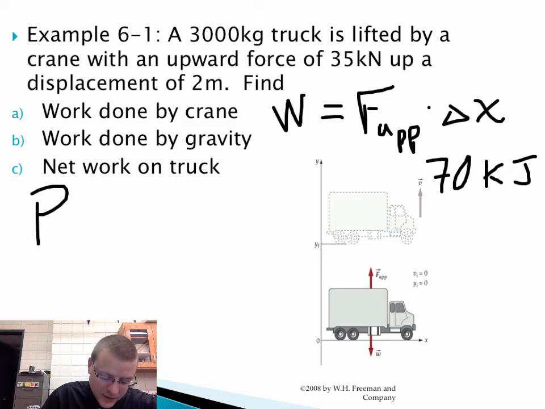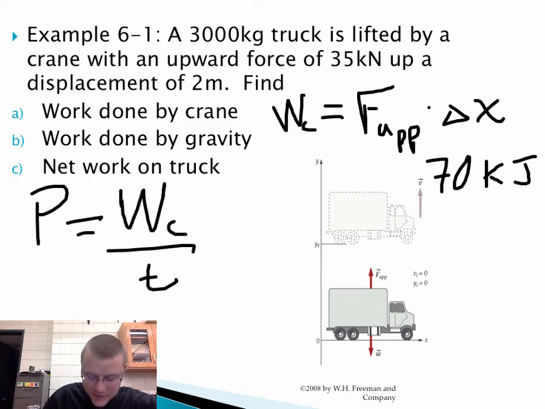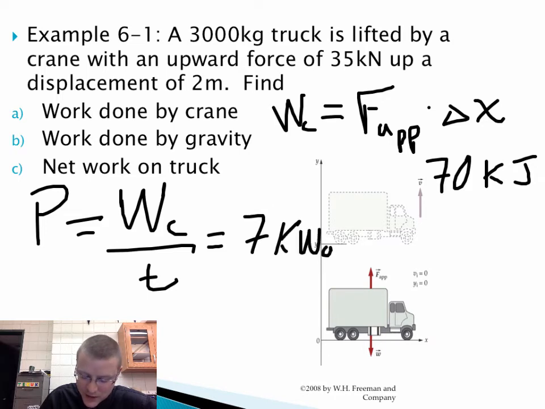Power in the crane would be equal to the work done by the crane divided by the time that it takes. The work was 70 kilojoules over 10 seconds, so it's going to be 7 kilowatts of power. That's what that rating must be. If it's 7,000 watts, the motor can handle and lift the truck up the distance that you're curious about. If it's not that powerful, it's going to take longer for that crane to actually lift the truck.